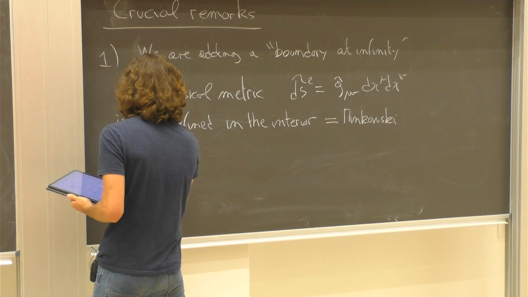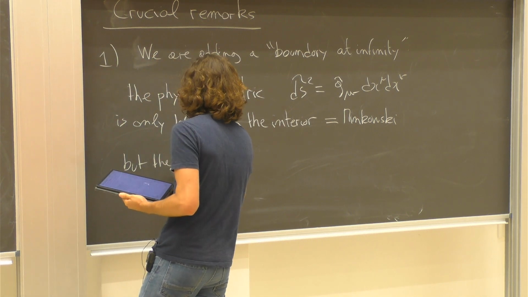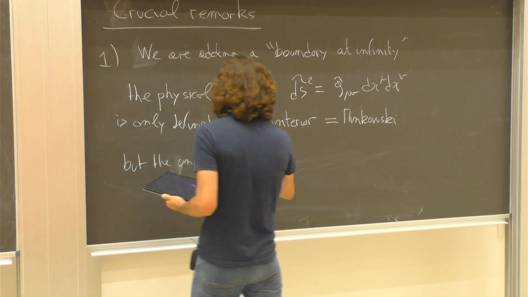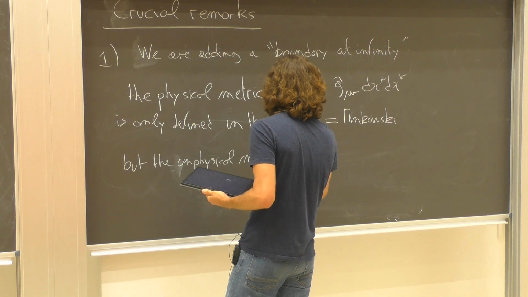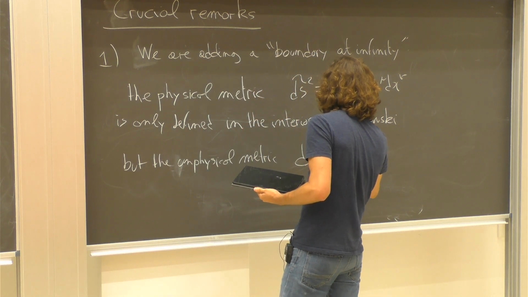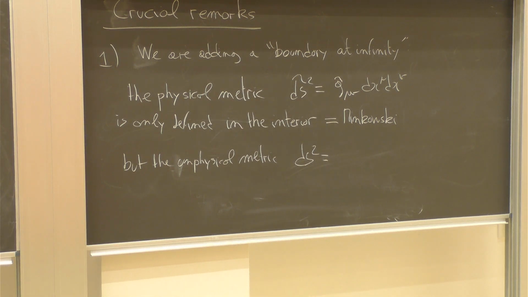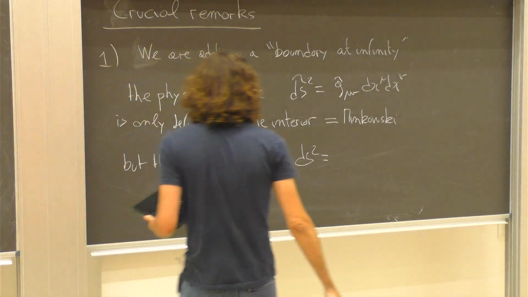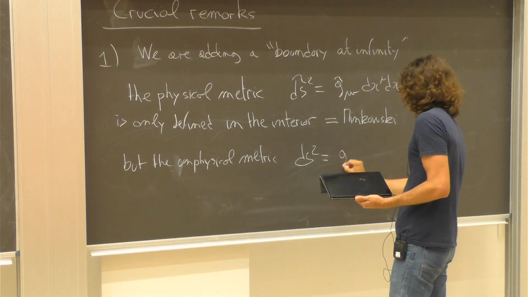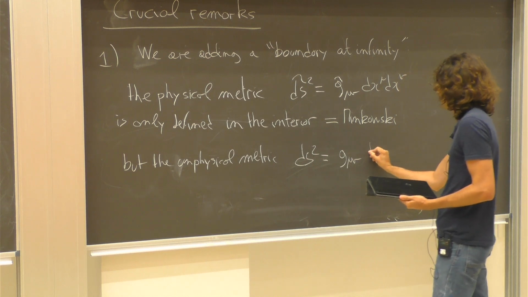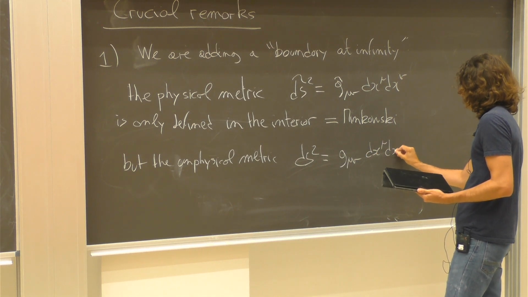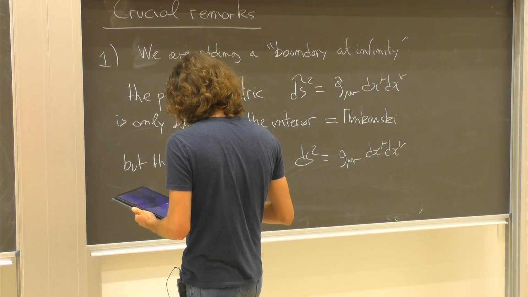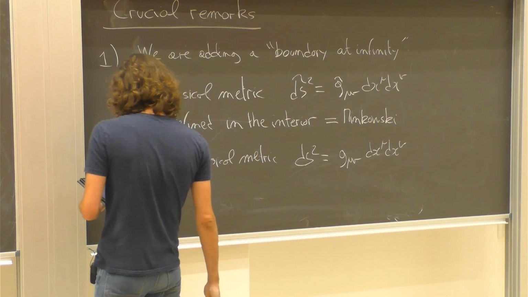But the unphysical metric, which I'm going to write without any tildes, which is this object, is perfectly fine. You can take v and u being the boundary value, and it's fine. This object extends everywhere.